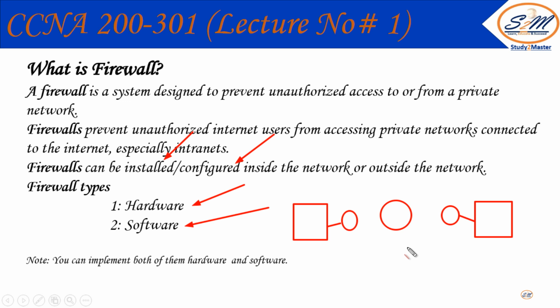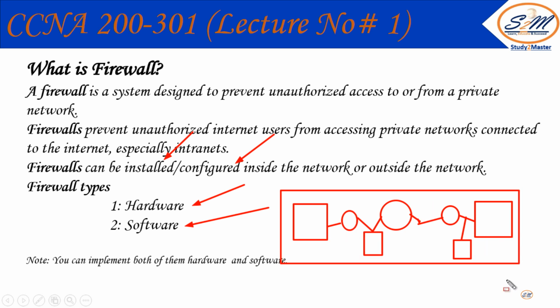We can install a firewall here, and also we can install a firewall here. So in site A, the firewall is connected inside the network, and in site B, the firewall is connected outside the network. So these are the connections between these two networks.